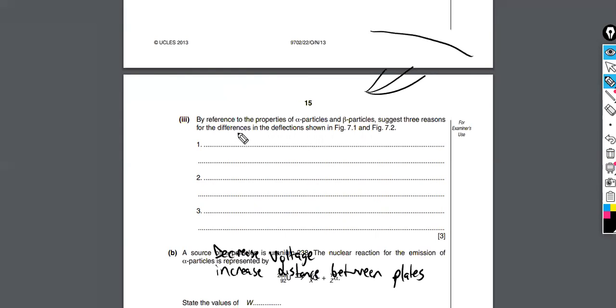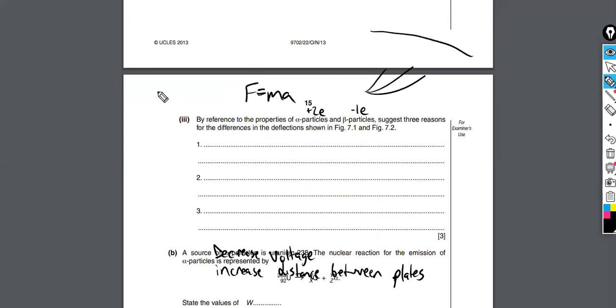Why? Because the beta particle is so much lighter, so much less massive than the alpha particle, that it gets pushed around. Don't forget Newton's second law. These charged particles, the alpha has a charge of +2 elementary charges, the beta has a charge of -1 elementary charge.